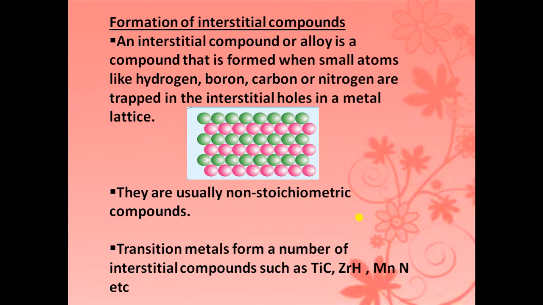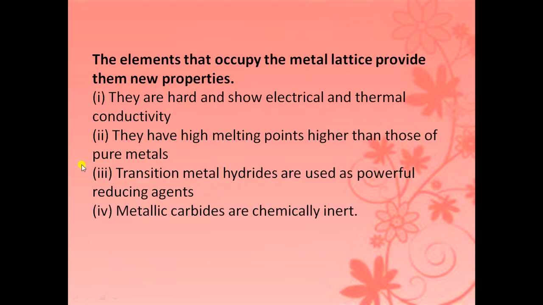Examples for the interstitial compound: TiC, that is titanium carbide, ZrH, zirconium hydride, and Mn, that is nitridomanganese. Next, the elements that occupy the metal lattice provide it new properties.